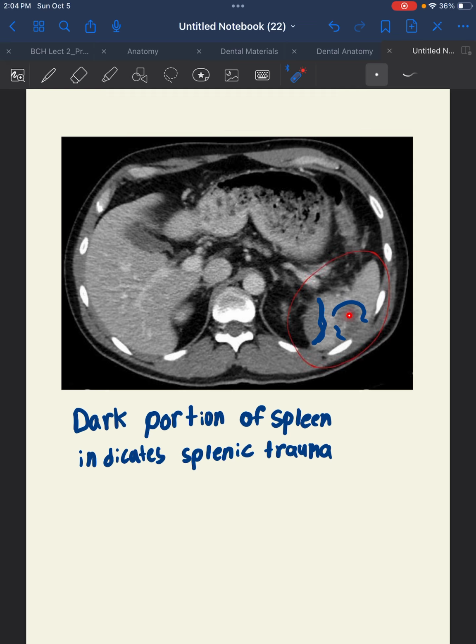So as you can see, the spleen here is not all one continuous color. There's some darkening occurring in the spleen, and that's due to trauma, most likely due to a fracture of ribs 9 through 12 on the right hypochondriac region.